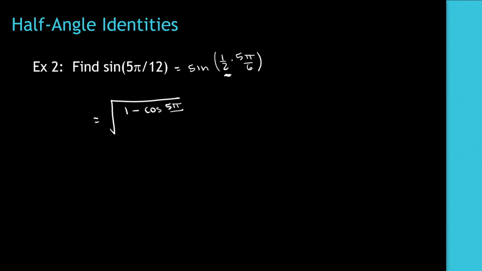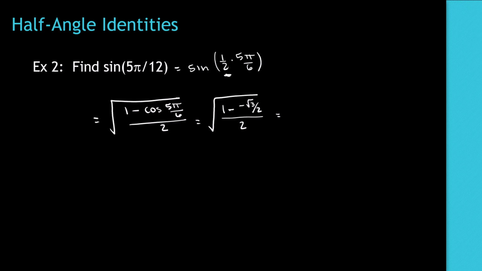And for sine, it's the square root of 1 minus cosine over 2. So then I go to my unit circle and I find cosine of 5 pi 6, which is the square root of 3 over 2, and 5 pi 6 is in quadrant 2, so it will be negative.